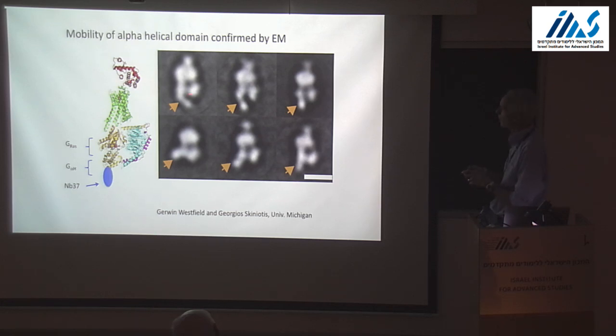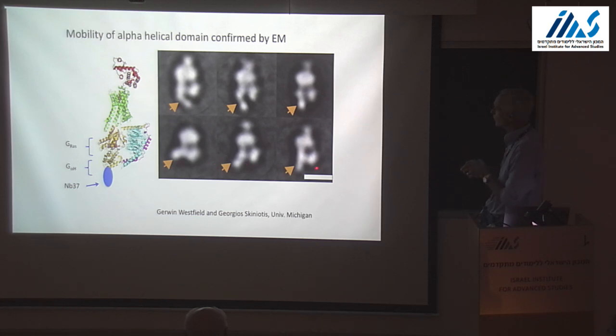And Roger suggested that we were making a beautiful complex. Biochemically it was beautiful, but we weren't getting any crystals, and he suggested that we might look at it by EM. What you're going to notice is that this is T4 lysozyme, this is the receptor in a micelle, and this is the G protein.